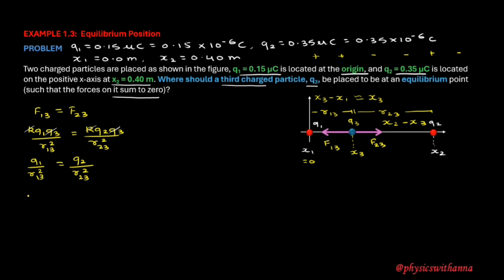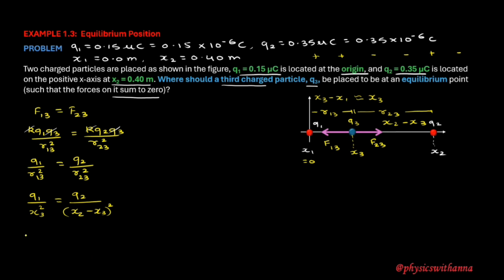So let's substitute this value. Q1 over R13, which is x3 squared, equals Q2 over R23, which is x2 minus x3 squared. So before we solve further, let's take the square root.